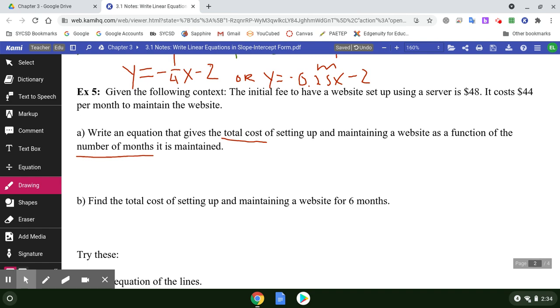If you said the number of months is X and the total cost is Y, then you are correct. Notice the total cost is in units of dollars, and the units for X are number of months, which represents time.